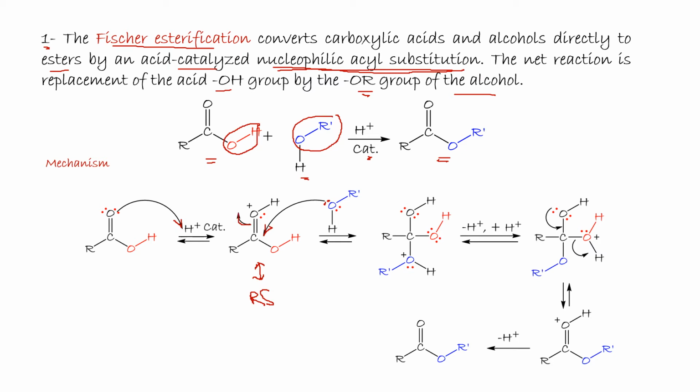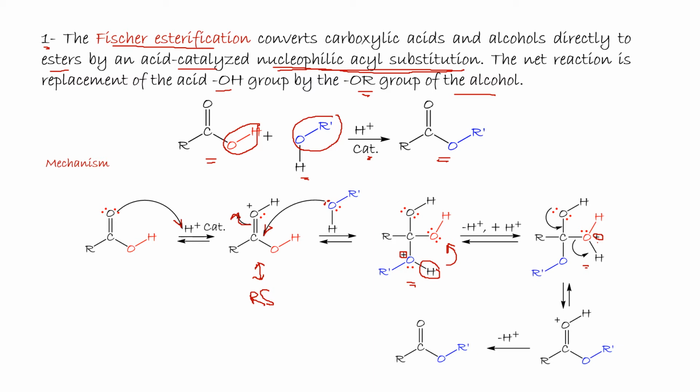Nucleophilic attack, to form this species. We will take H from here and transfer it to one of these oxygens. So we can write minus H plus, plus H plus, to form this species where the positive charge is transferred from here to here.